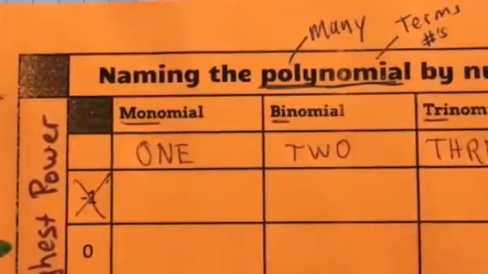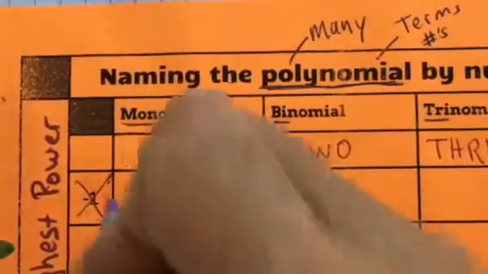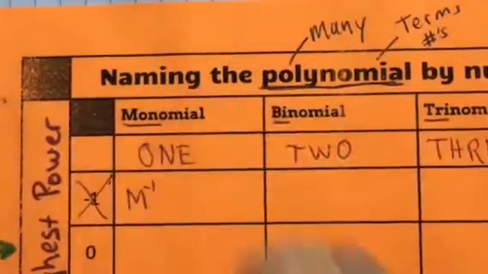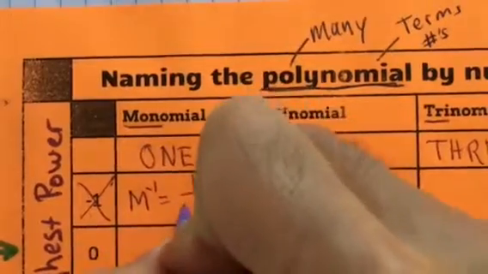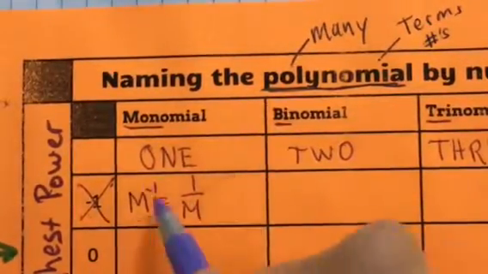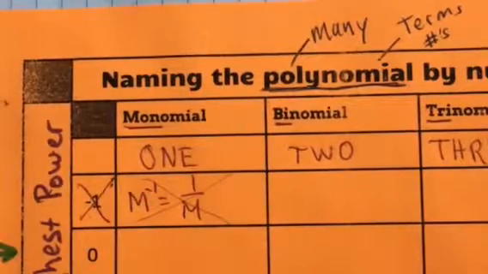So if I want to write a monomial of degree -1, if I put like m to the -1 power, that's equal to 1 over m. This does not work. It is not a polynomial. -1 power. Cannot have it. Ignore this for a second.